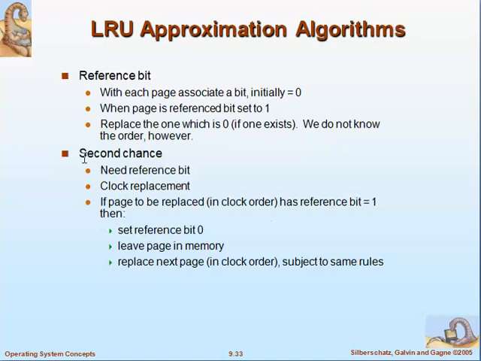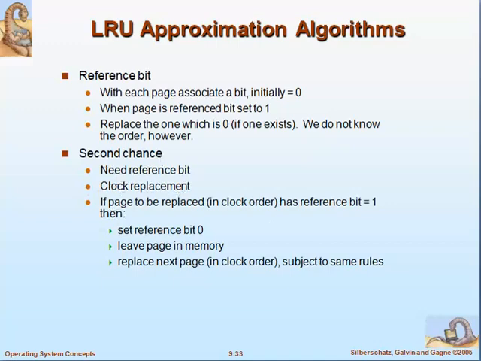And similarly, there is the second chance algorithm. In this case, we again need a reference bit, and most of the time this reference bit is supported in hardware, and that hardware support is given by the operating system.